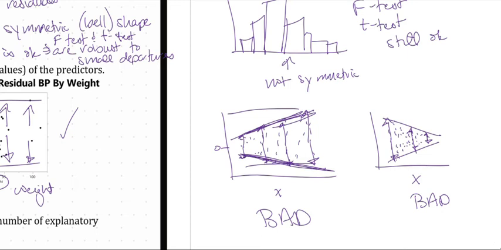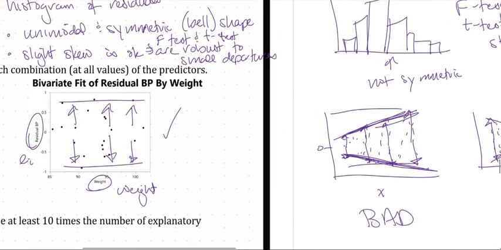Now, if I have a cone or a fan for any of my predictors, even if the others look good, like we have for weight or for age, if any of my predictors have this cone shape, then I have violated this condition.